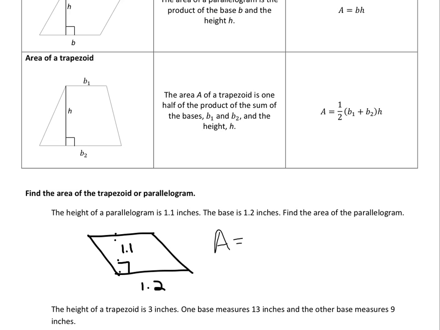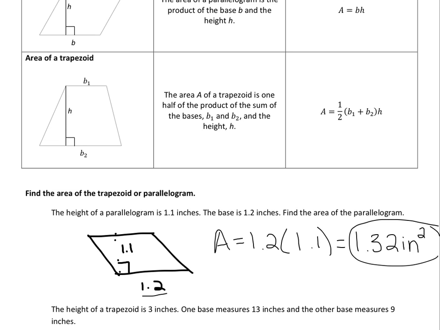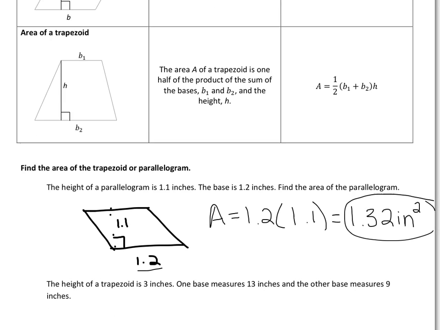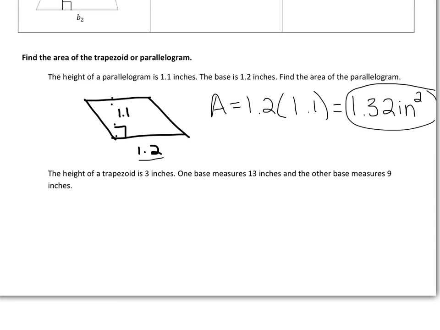So to find the area, we're going to take the base, which is 1 2/10, times the height, which is 1 1/10, and when you multiply those out, you should get 1 32/100 inches squared. So area is always inches squared or units squared.